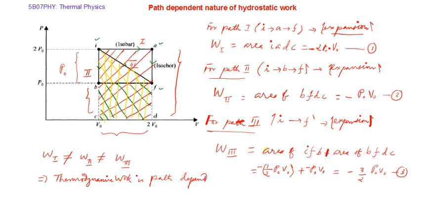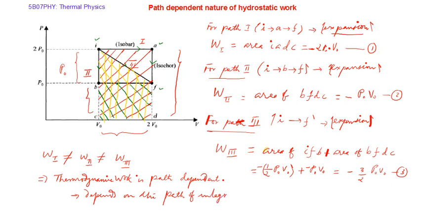Remember, this is a general statement which will have certain assumptions that we will see in the coming topics. Or I can say that the thermodynamic work depends, mathematically speaking, on the path of integration. That is also another way of telling, path of integration.